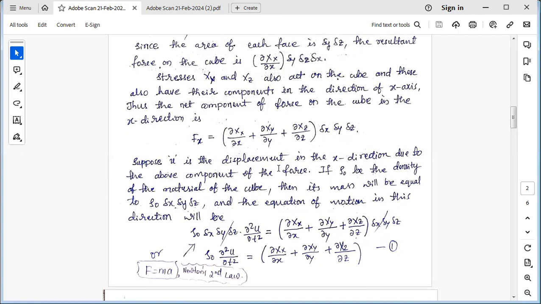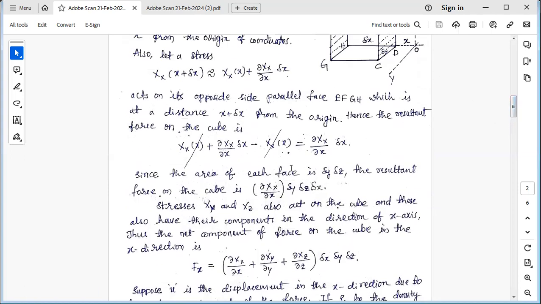Suppose u is the displacement in the x direction due to the above component of the force. So here some resultant force is produced because of these two stresses, which are acting in opposite direction.